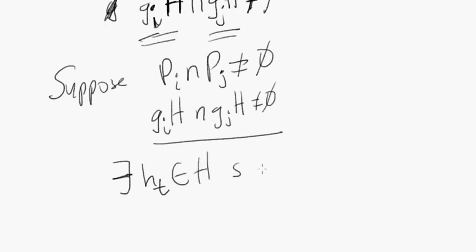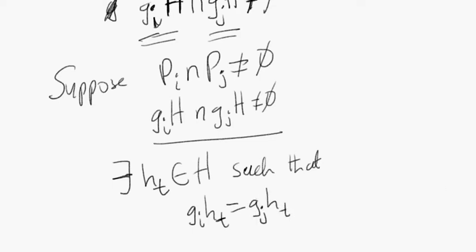What does it mean for these two cosets to intersect? Well, it means that there exists some element, let's pick some symbol we haven't used before, Ht. There exists some Ht element of H such that GiHt equals GjHt. Do you agree with this statement?